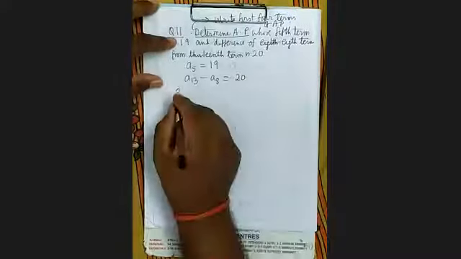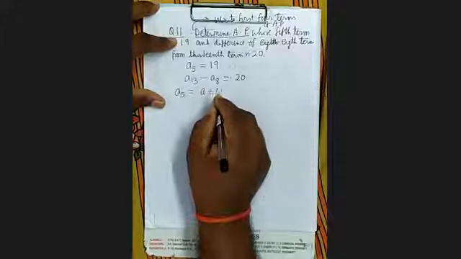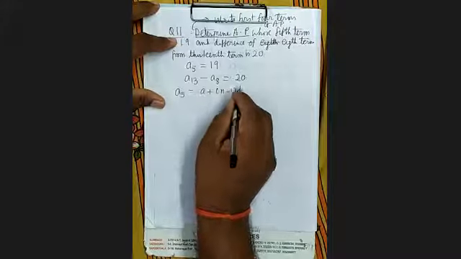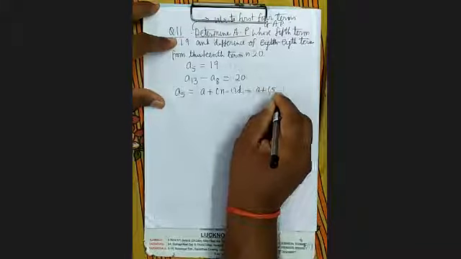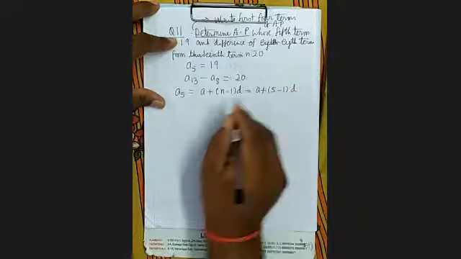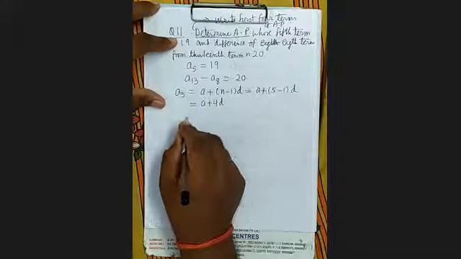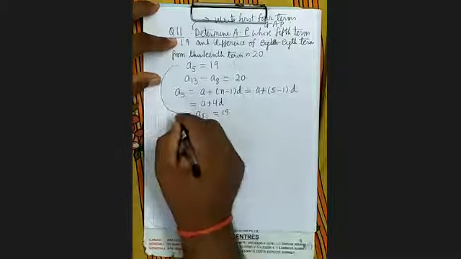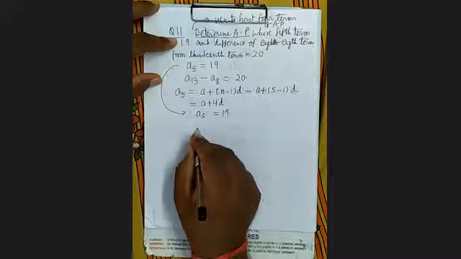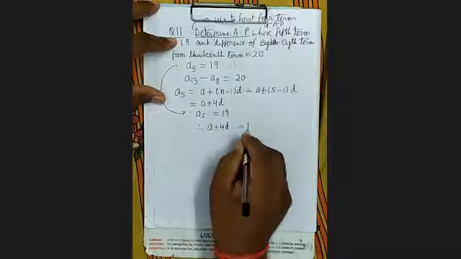Now see here, A5 equals A plus n minus 1 into D, that is A plus 5 minus 1 into D, that equals A plus 4D. Since A5 equals 19, therefore A plus 4D is equal to 19.